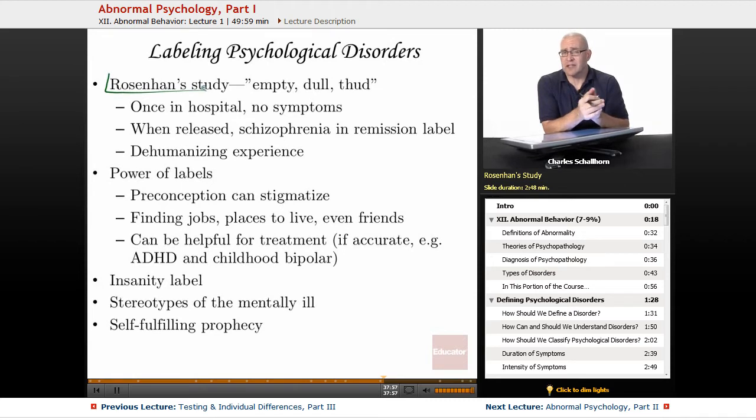We were admitted, and then once on the wards, we acted completely normally and no longer complained of any issues. They heard the voices, having hallucinations, and they were diagnosed with schizophrenia.